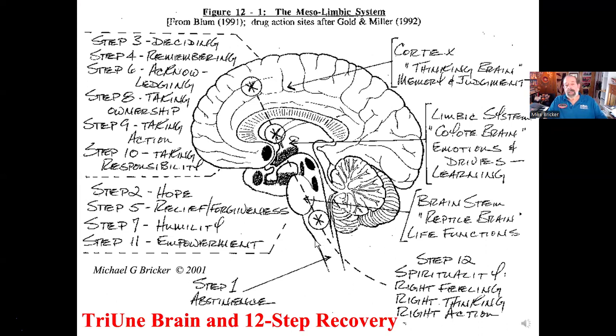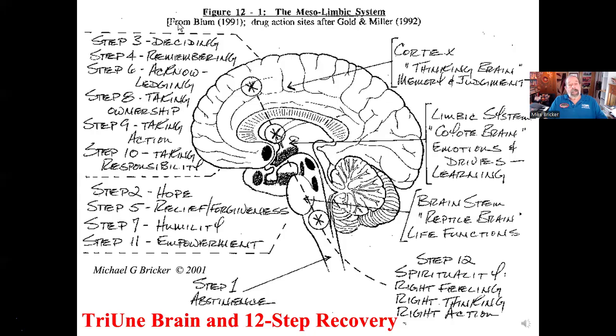Then, when we begin to look at some of the other steps, they really target the limbic system. They really target that monkey brain with the desire to feel some hope, to feel a sense of relief, a sense of empowerment that I really can do something different.